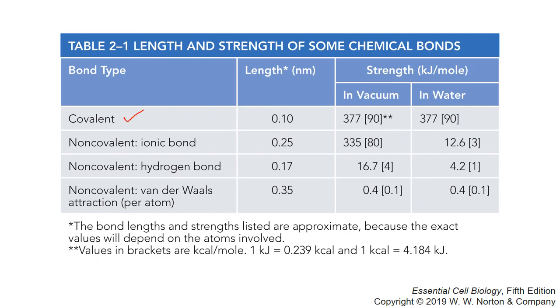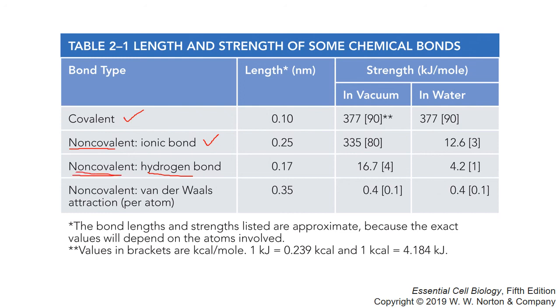You also have an ionic bond, which is non-covalent because we're not sharing, but instead transferring electrons from one side to the next. You have hydrogen bonds, a bond involving the interaction of at least one hydrogen atom. That's also non-covalent because it's a different type.